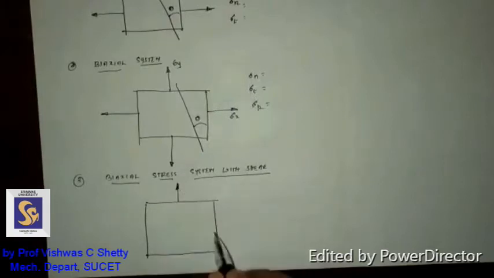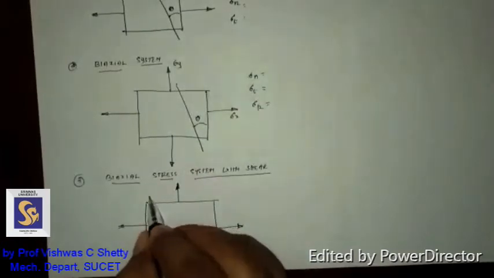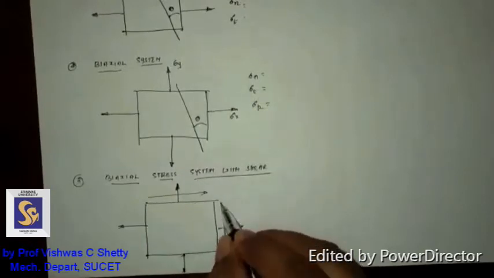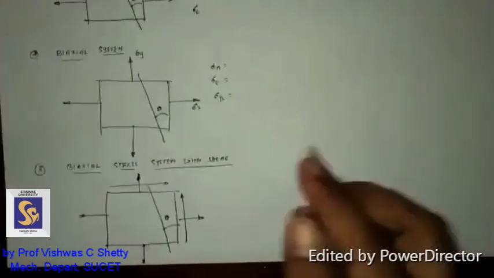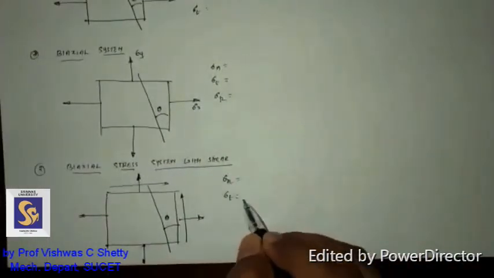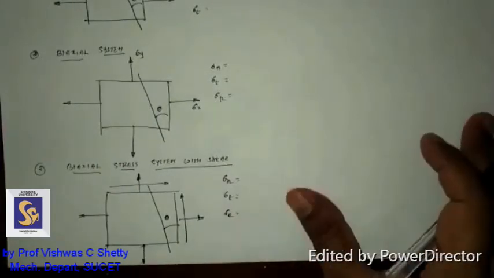Sigma x, sigma y will be there, depending on the direction, whether compressive or tensile, with the shear. Then if an oblique plane is given, and it's asked to calculate normal stress, tangential stress and the resultant stress, all these things we know.